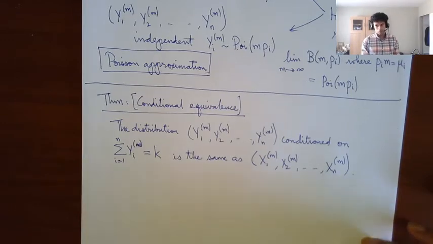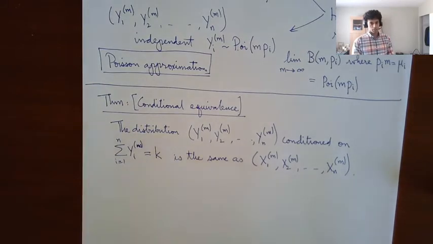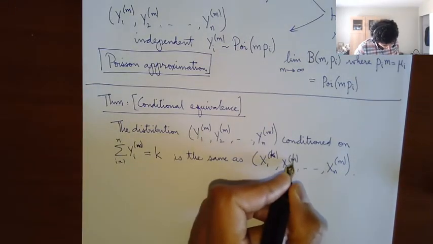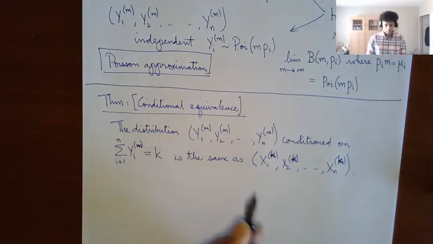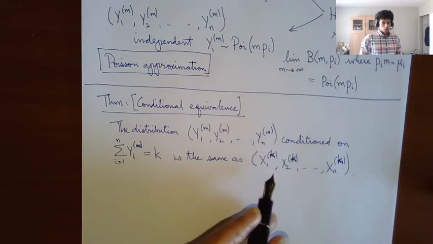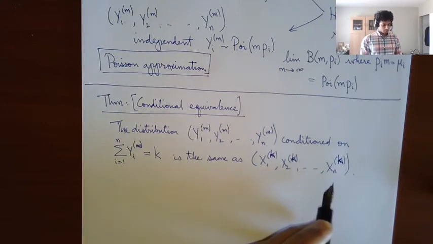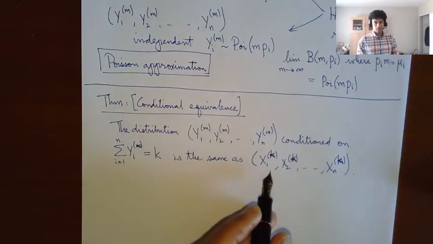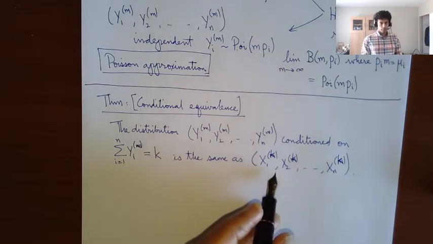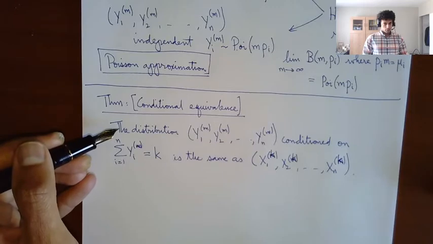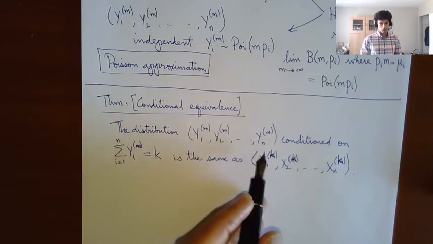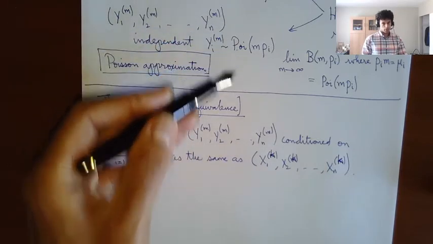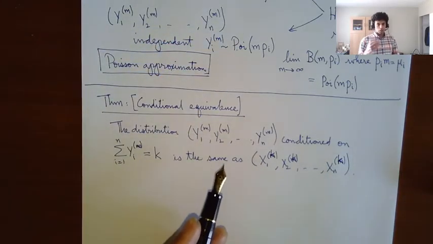Okay, so I'm going to pause. I want you to understand what this theorem is saying. This is a balls and bins, I'm sorry, I should say k over here. My apologies. So this is saying you're doing a balls and bins experiment with k draws. The first part says you're drawing these n Poissons according to these parameters, and you condition on the sum being equal to k.